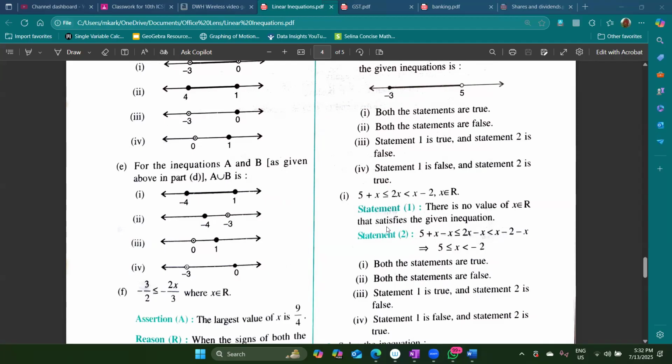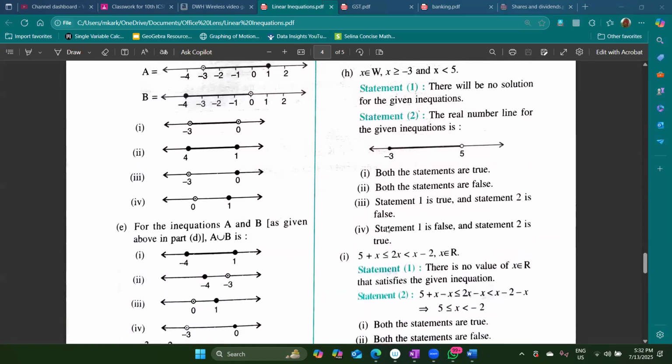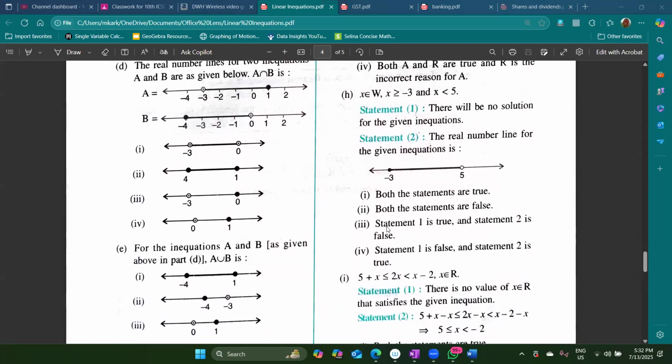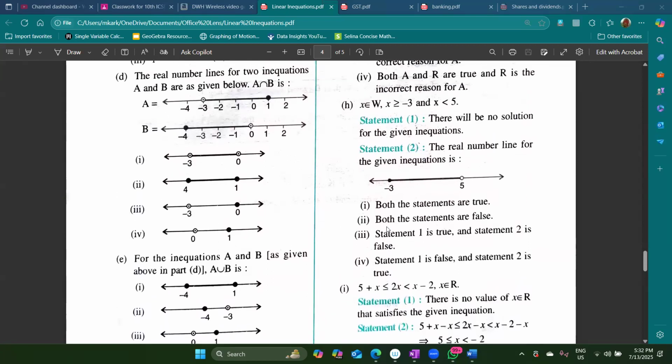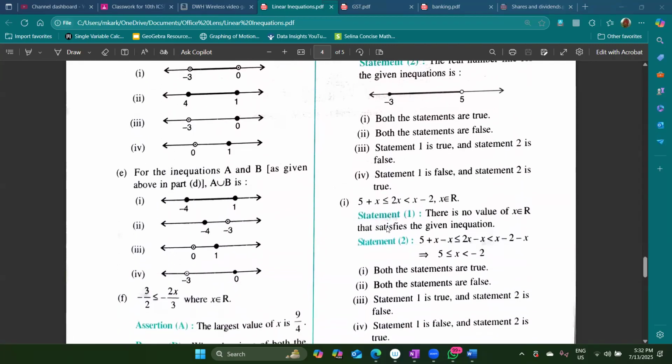For the inequations A and B as given above, okay. So these are still the same inequations and we want union. Oh, I'm sorry. Everybody answered. I was still doing back and forth.